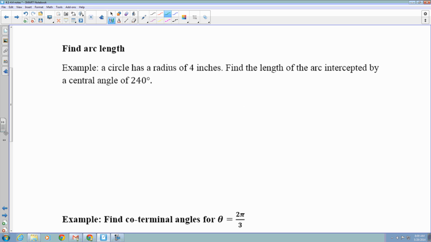So let's find the arc length where we have a radius of 4 inches and the central angle is 240 degrees. What you want to do is make sure that we convert this angle to radians first. Multiply by pi over 180, and that's 4 pi over 3 in radians. Now we have the S equals R theta equation.